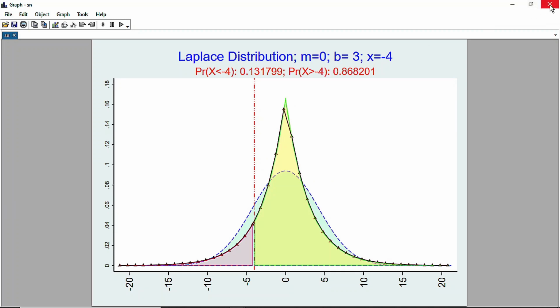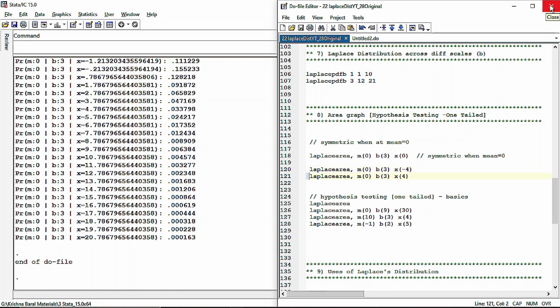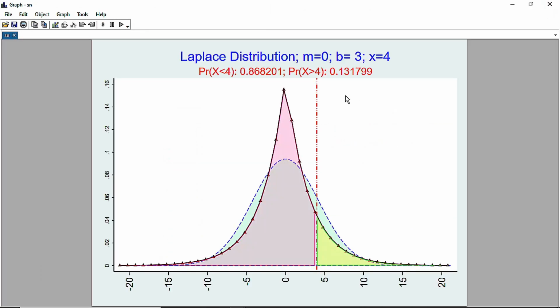And let us see whether this will be true for x equals 4 for the same parameters. Now x greater than or equal to 4 is 14% and x less than 4 is 87%. They are symmetric for m equals 0.